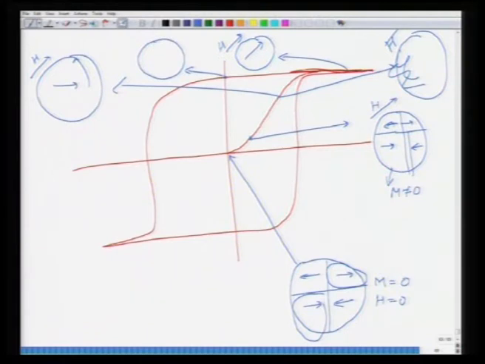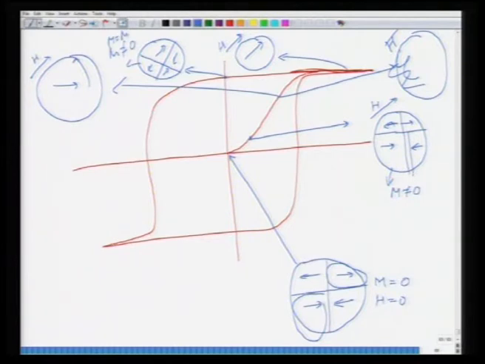And when you come to this point, these favorably oriented domains tend to flip back, because now the field intensity is changing. So, as a result, now you have some domains of other kind which are forming. So, as a result, you have m not equal to 0.